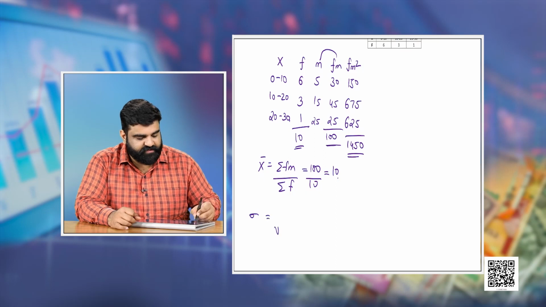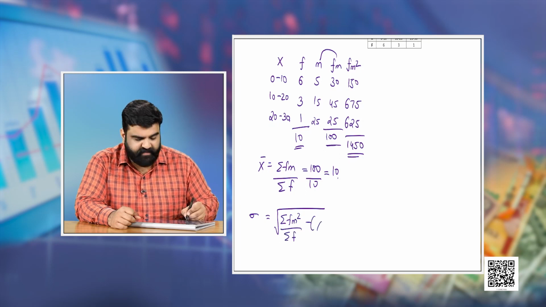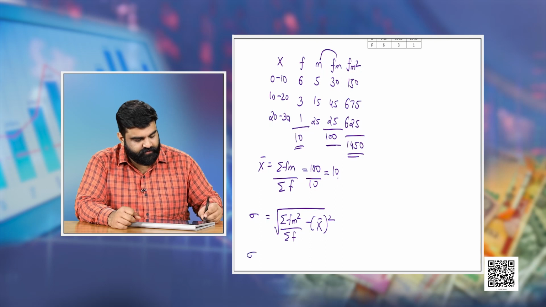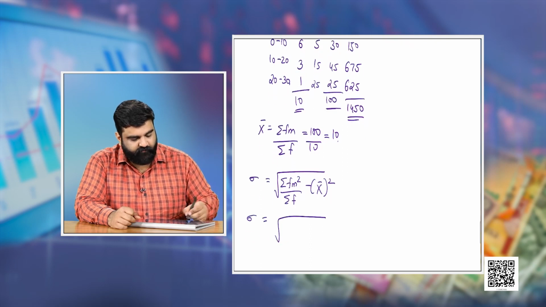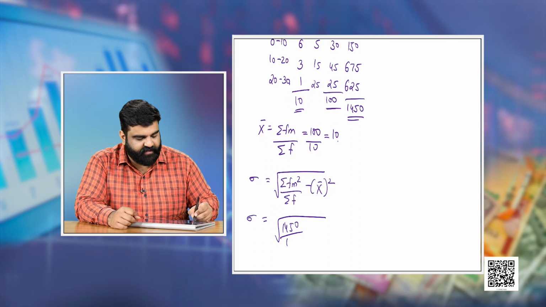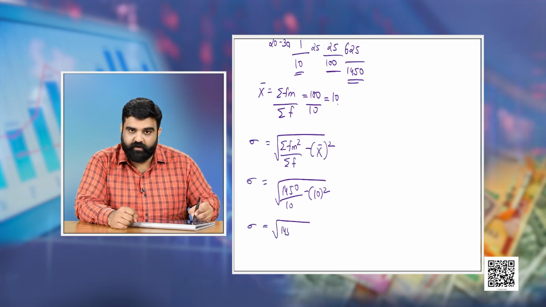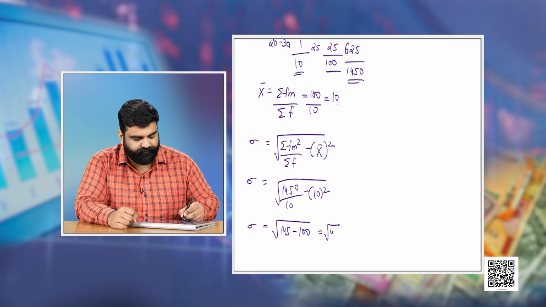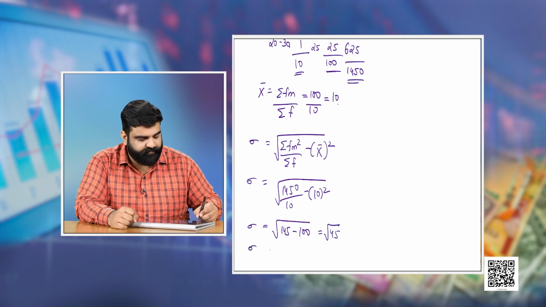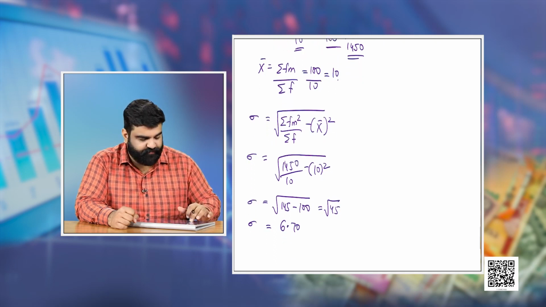The formula for standard deviation according to the direct method is root of sigma Fm square upon sigma F minus mean square. So, this will give me 1450 divided by 10 minus 10 square, that is the mean square. So, I get root 145 minus 100, that is root 45. So, the answer to this question will be 6.70. This will be my standard deviation.